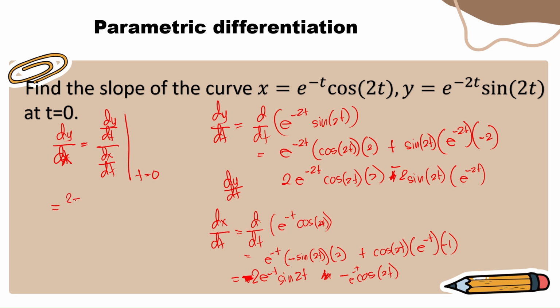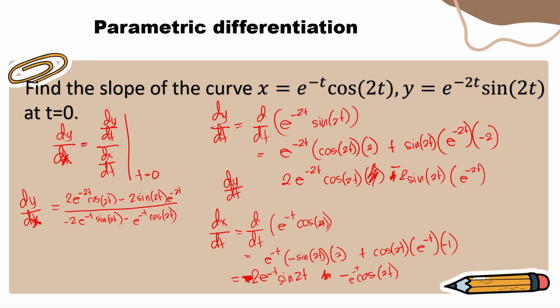So 2 e raised to negative 2t cosine 2t minus 2 sine 2t e raised to negative 2t, over negative 2 e raised to negative t sine 2t minus e raised to negative t cosine 2t. This will be our dy over dx.